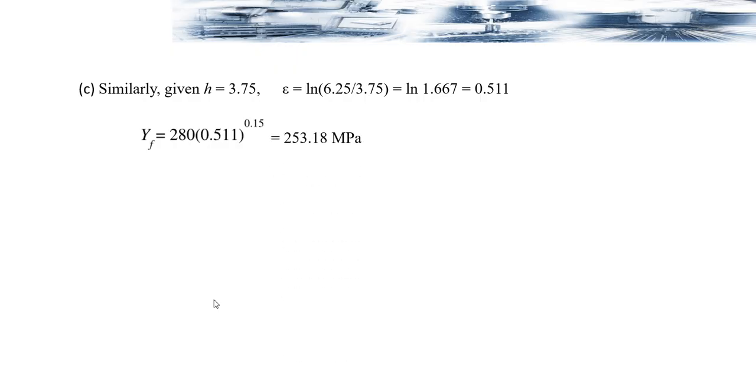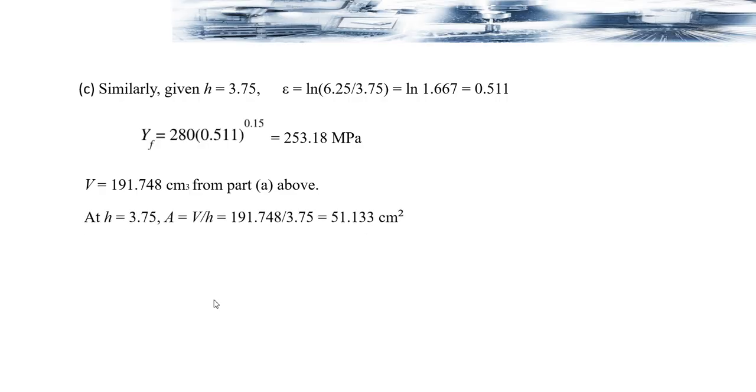Now let's do it once again with the new height. Now the new height is 3.75. So step number 1 is calculate the strain. Step number 2, calculate the flow stress with the new strain. Remember that the K value is going to be constant; that's a property of the metal. Step number 3, from the volume, find the area with the new height.